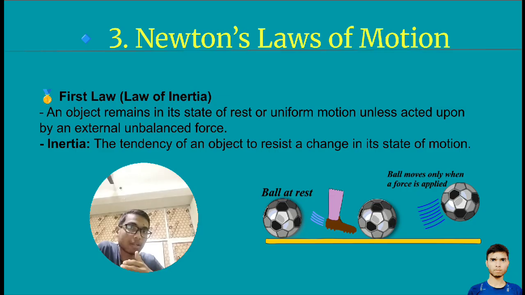An object which is at rest will remain at rest. This is inertia of rest. But when an external force is applied, the object at rest will come into motion.